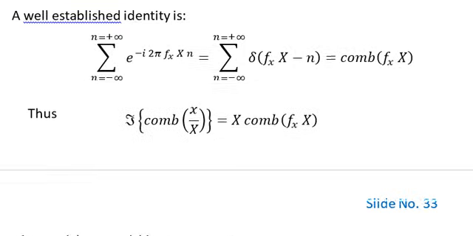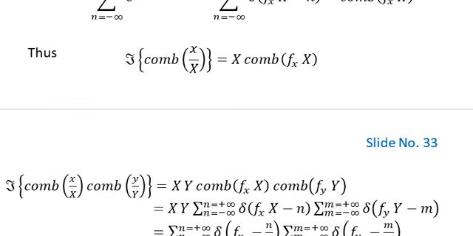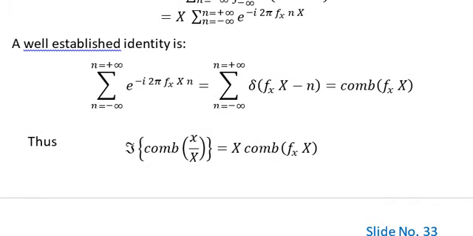The overall relationship is that the Fourier transform of the comb of x over capital X is equal to capital X multiplied by the comb of fx into capital X. So here you can easily generalize the Fourier transform of the comb function.